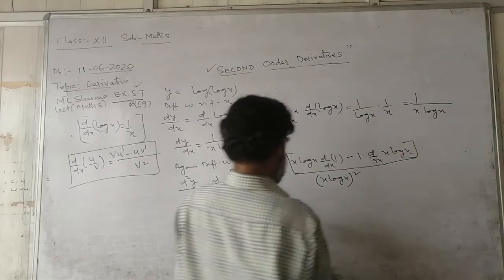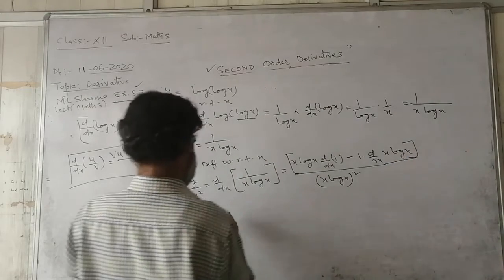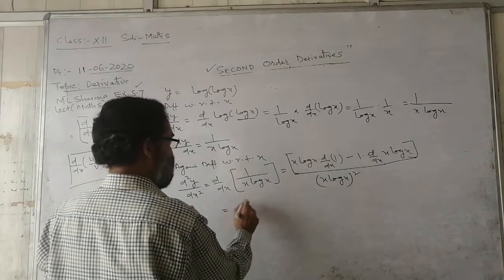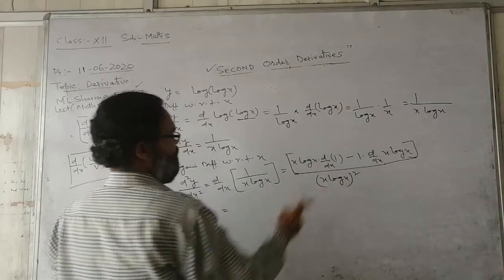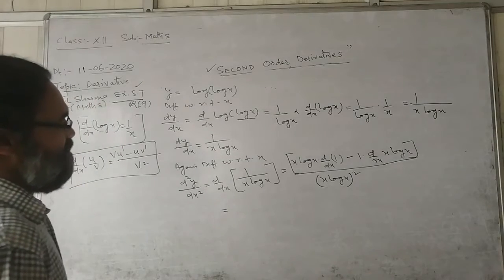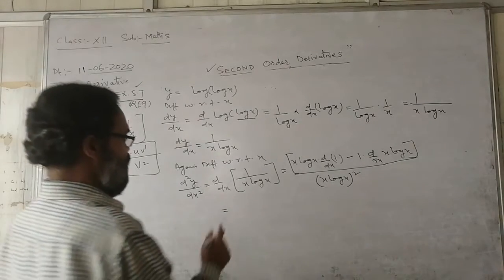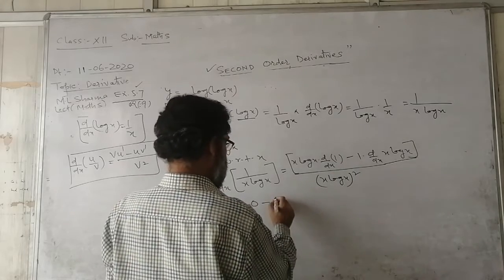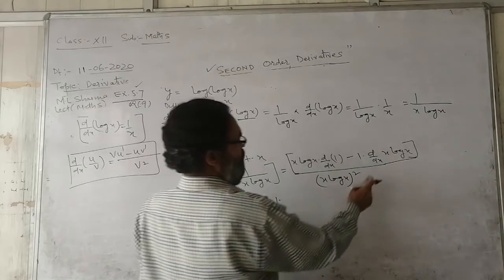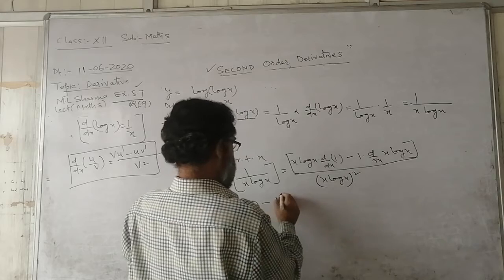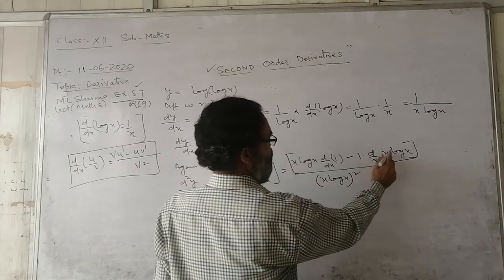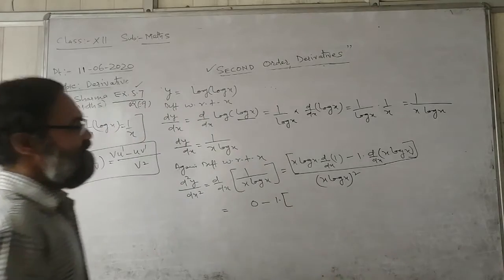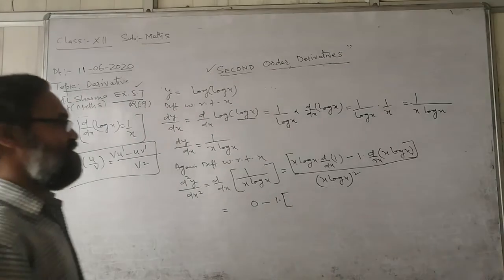So this will equal the second derivative: x log x, and 1 is a constant, its derivative will be 0. So 0 will be here, minus 1 into the derivative of x log x. So this is the case of a product of two functions.